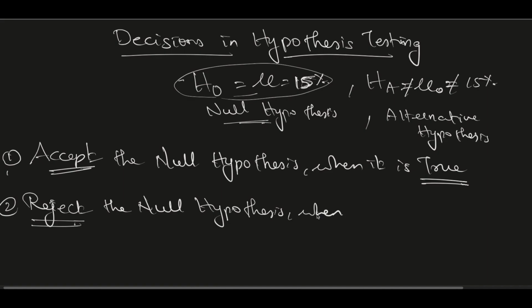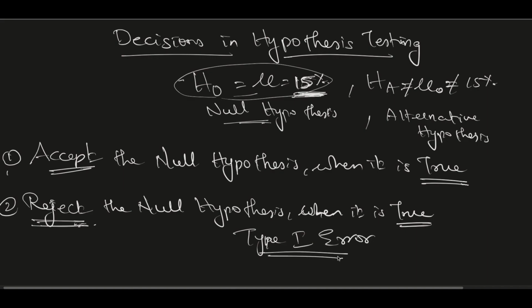But remember, when it is true, actually the mean return of your stock is 15% only, but because of the data sample you have taken, you are rejecting it. That means you are making a mistake. So this can be one outcome. This is called type 1 error.